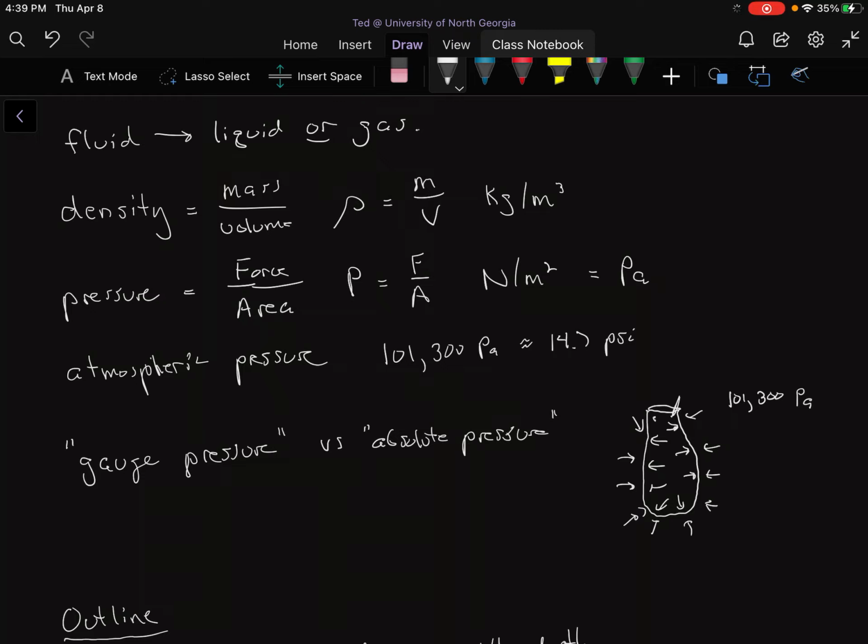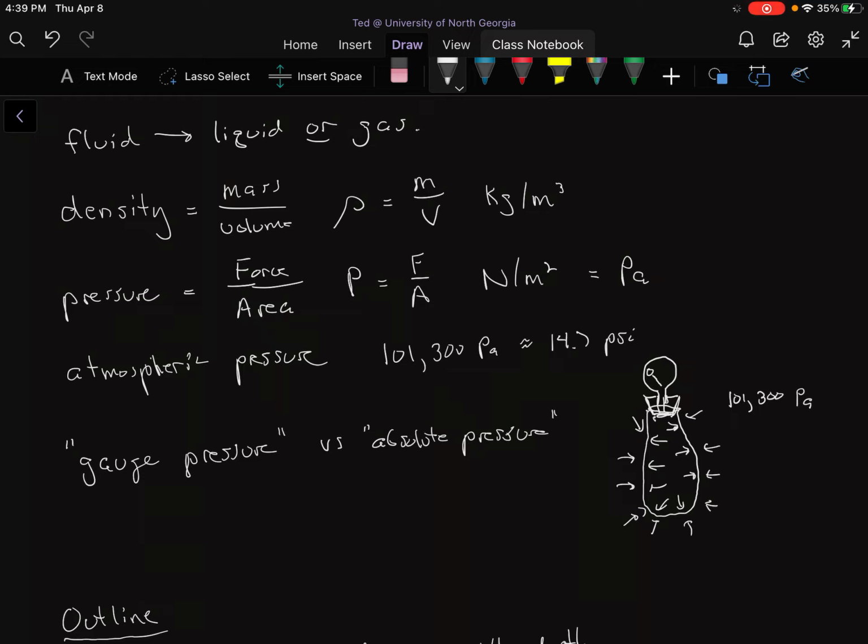So in fact, if we were to close off this bottle and put a pressure gauge on here, the pressure gauge would probably read 0. And the reason it would read 0 is because what the pressure gauge is reading is what's called gauge pressure, which is how much higher is the pressure inside compared to the pressure outside.